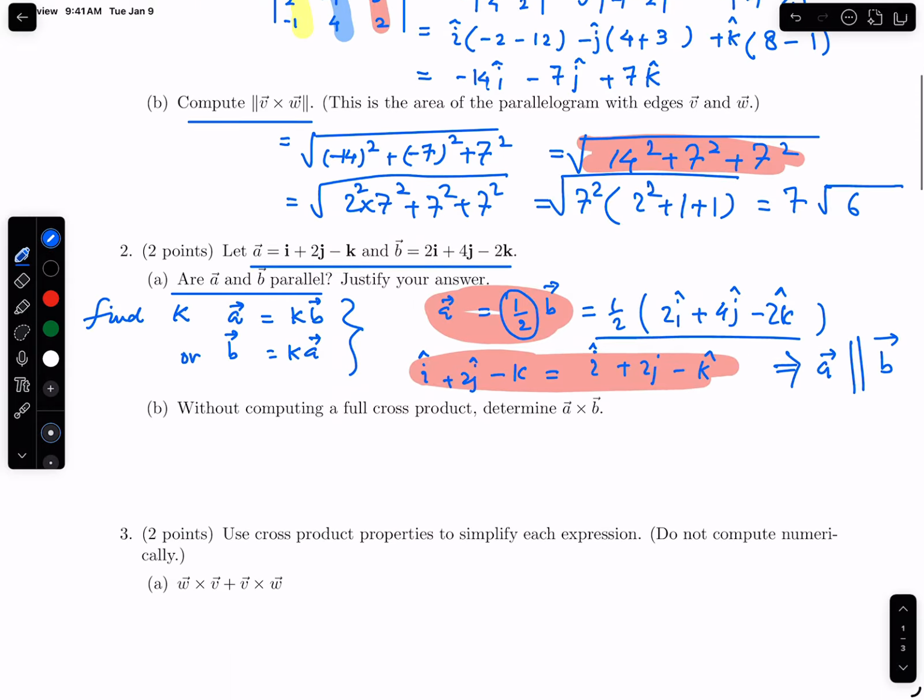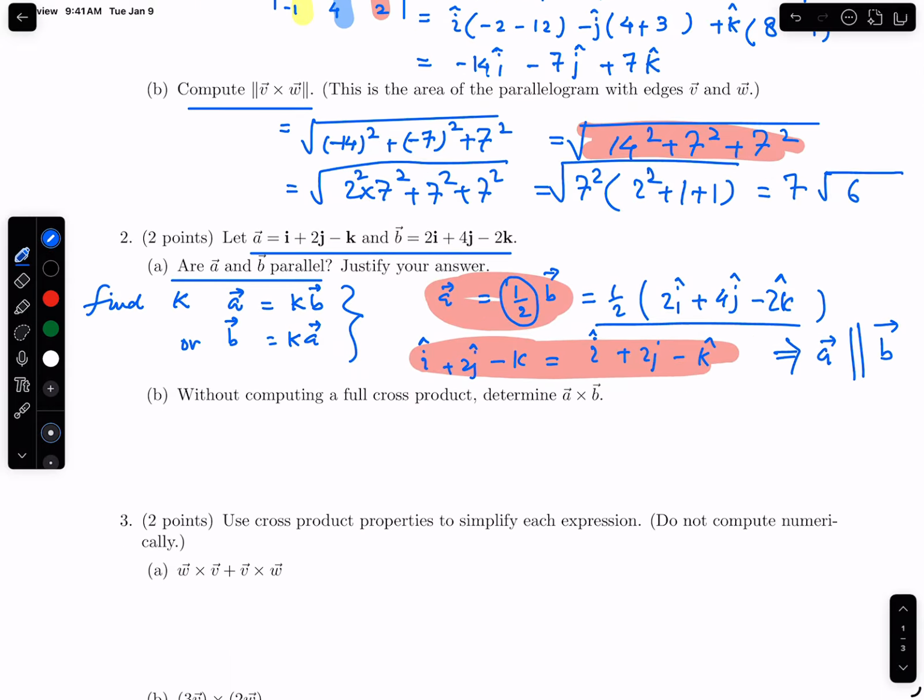Now the second question follows from the first one, because we have to find the cross product without computing. We know that the geometric definition of the cross product involves sine of theta, and this is the normal vector in the direction of the cross product, which comes from the right hand rule.